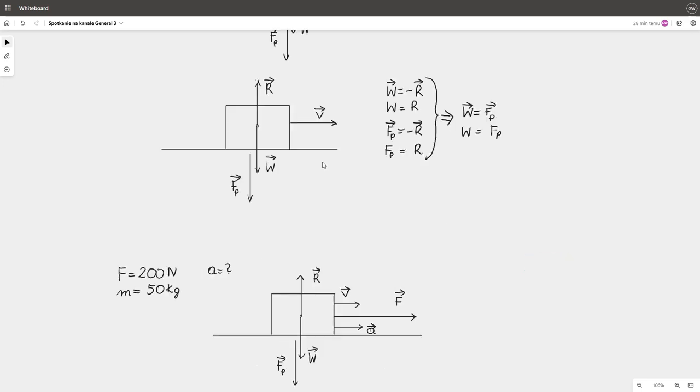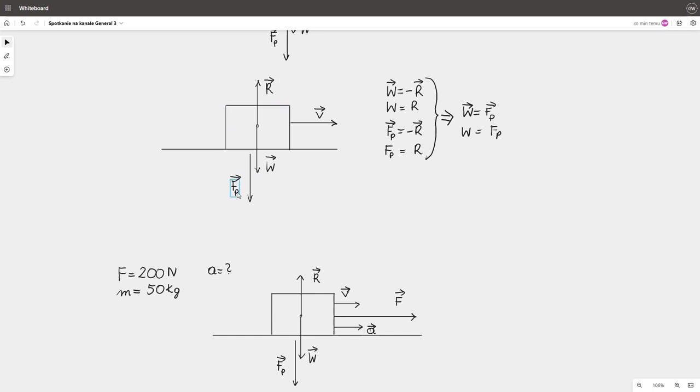If this body is moving in the direction parallel to the surface and there is no friction, velocity will not change, because in the horizontal direction no force acts on the body, and in the vertical direction the same forces act as before, which balance each other.